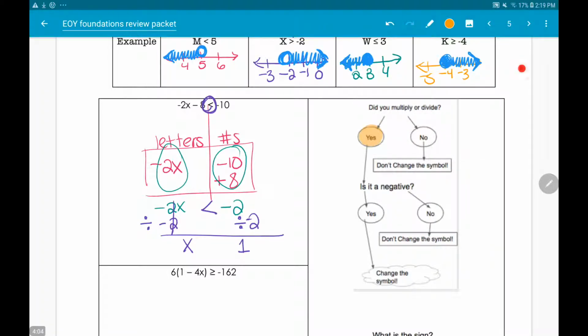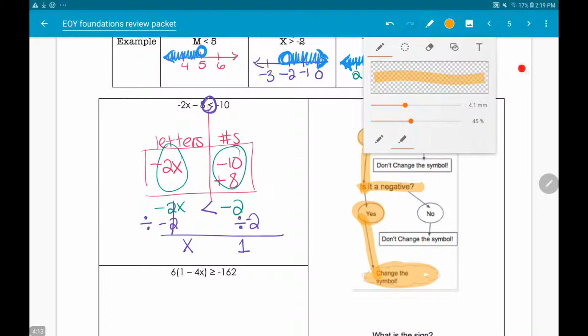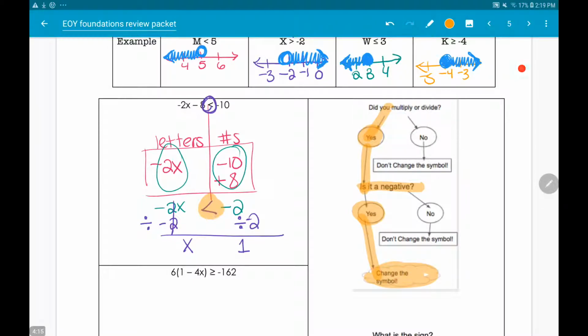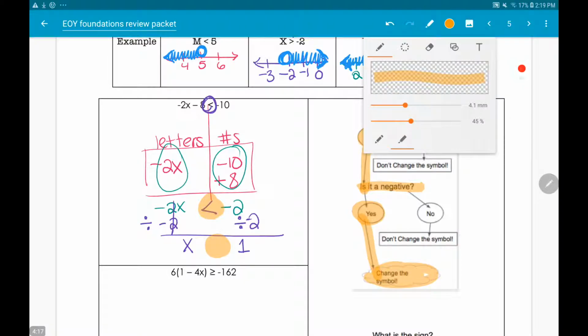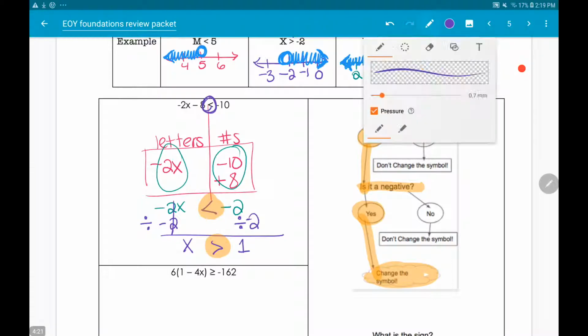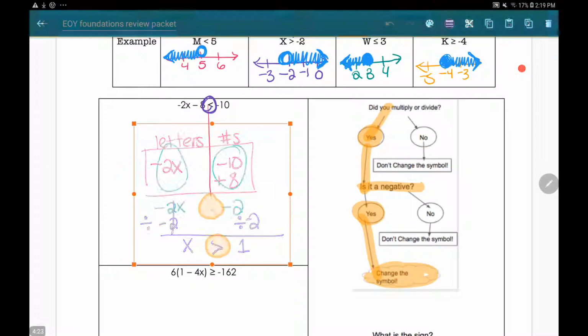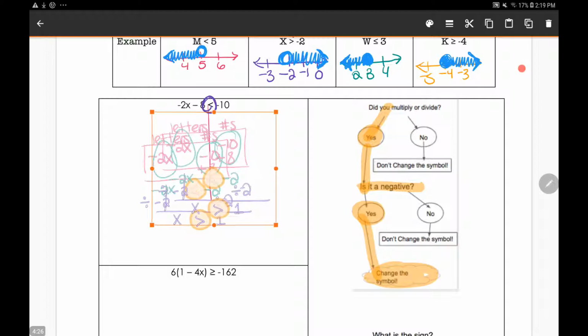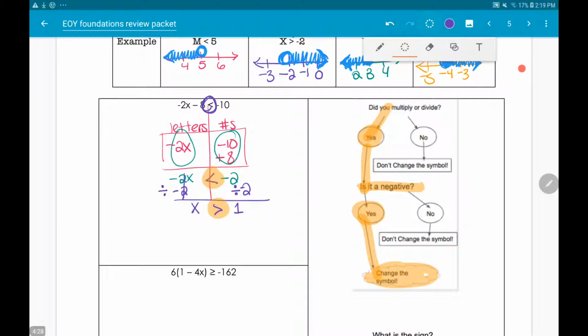Yes, we divided. Was it a negative number that we divided by? Yes, it was. So we need to change the symbol. So my symbol was less, and now I'm going to change it to greater. Okay, so that's the difference between equations and inequalities. But other than that, everything else is exactly the same.